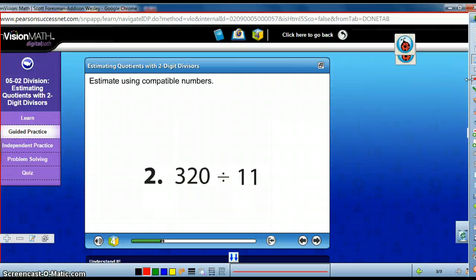So 11 times 3 is 33, 11 times 4 is 44, 11 times 5 is 55, 11 times 6 is 66. So let's look at this number. We have 11. We may have to change it, maybe not. We have 320. So I look, that's a 32. Well, 11 does not go into 32, but it does go into a number that's pretty close. A compatible number that is pretty close to 32.